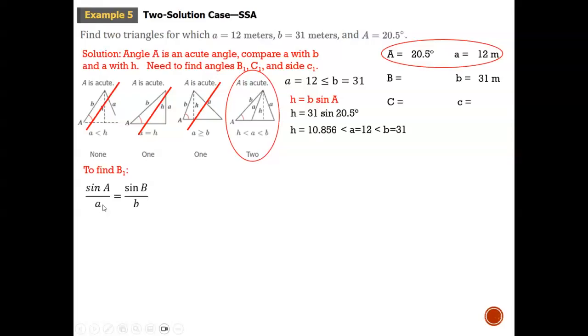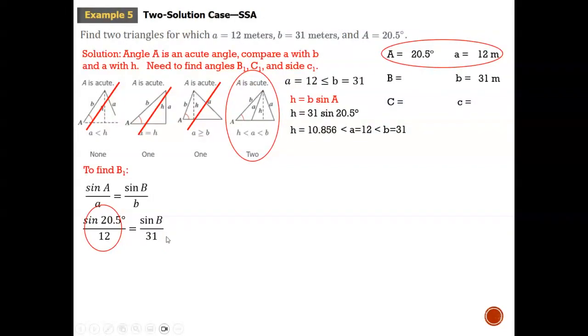So I'm going to start with sine A over little a equals sine B over little b. Let me plug those values in. Again, here's my pair that I have, so I'm able to plug in 20.5 and 12. And because I'm solving for the big B, that's the variable that goes in the numerator.